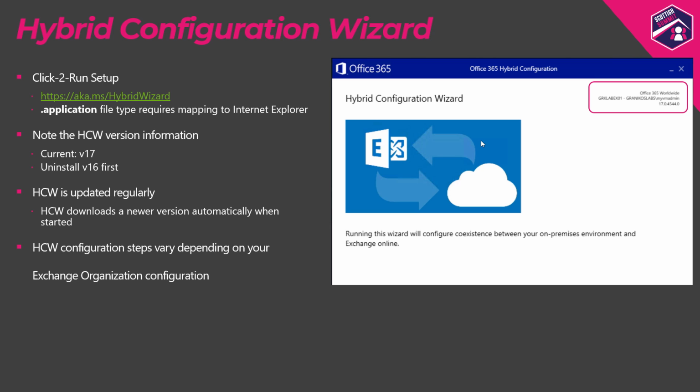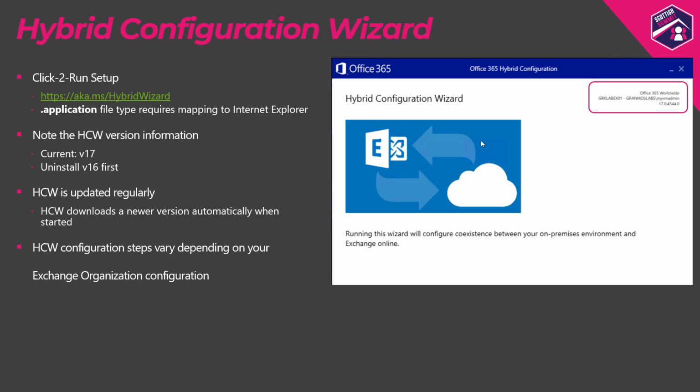You must be aware of the fact that the hybrid configuration wizard is updated pretty regularly. So after you've downloaded and installed the HCW for the first time, each and every time that you start the hybrid configuration wizard, it will check if there's an update and will download the new version, install it, and then start.